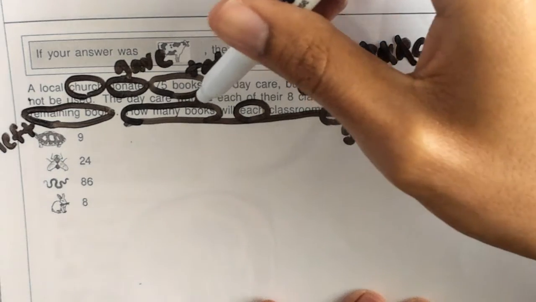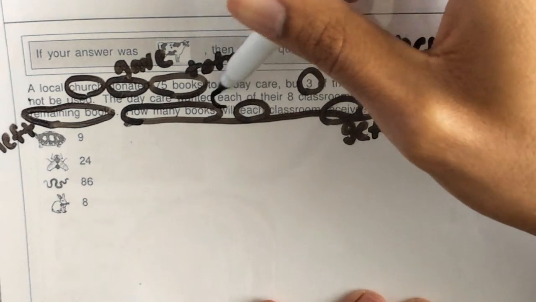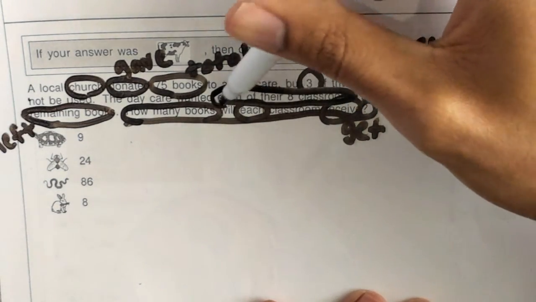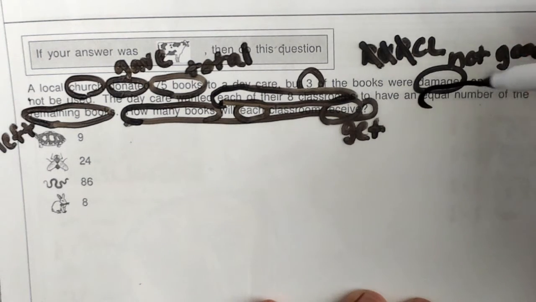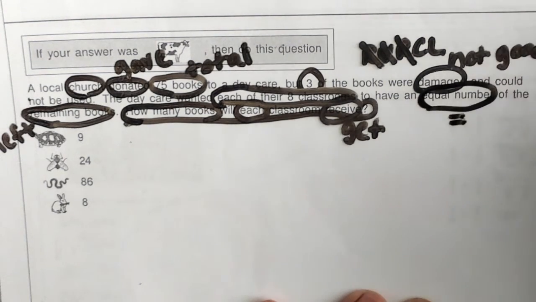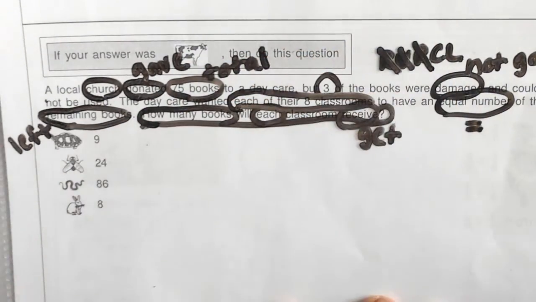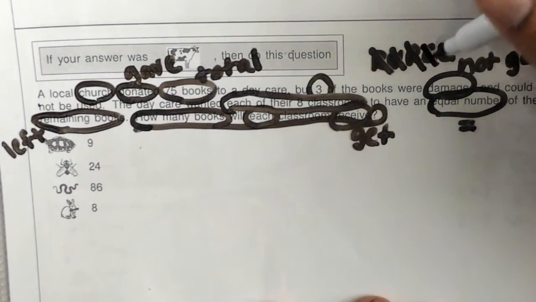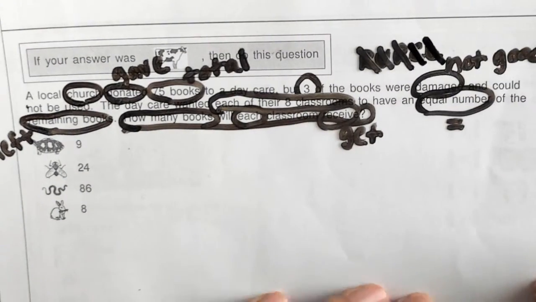I know that they wanted each of their 8 classrooms to have an equal number. Equal means the same, so I'm going to write an equal symbol, of the books that were left, of the remaining books. So let's cross off the C and the L, and we can go ahead and get started.